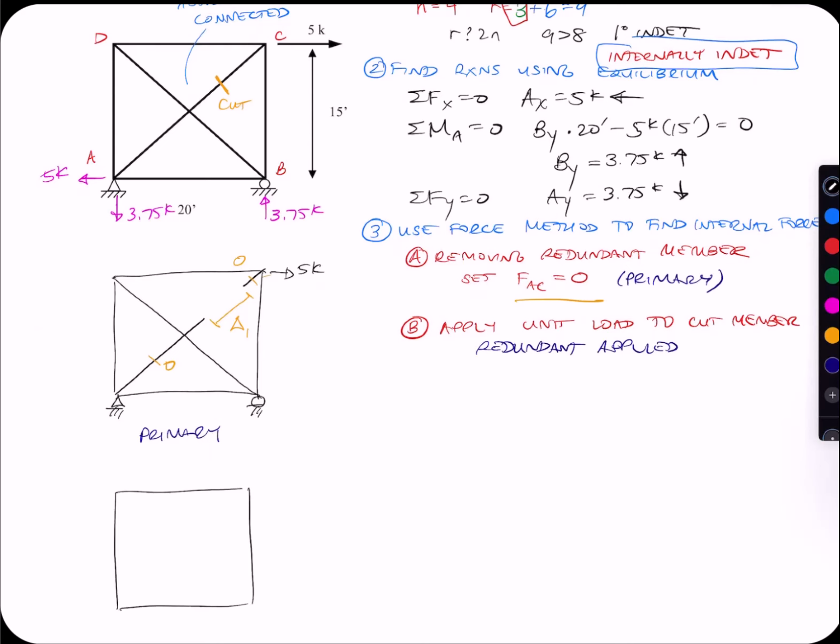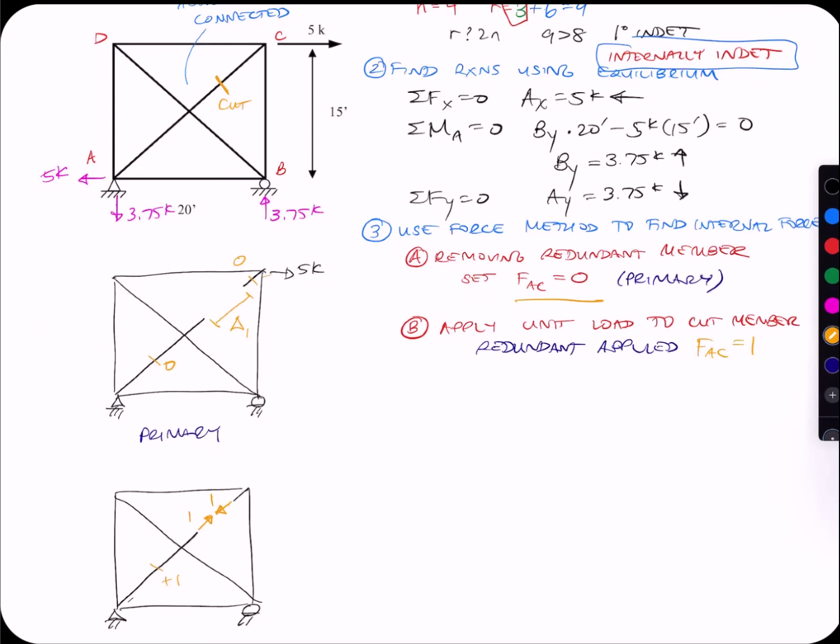I'm going to draw the same exact thing, except now this member, I'm going to put the unit force here. If I apply a unit force here, I have to have equal and opposite so that my member force AC is now equal to 1. I've put it in tension. You could put it in compression if you wanted to, but I've drawn the arrows away from the member.